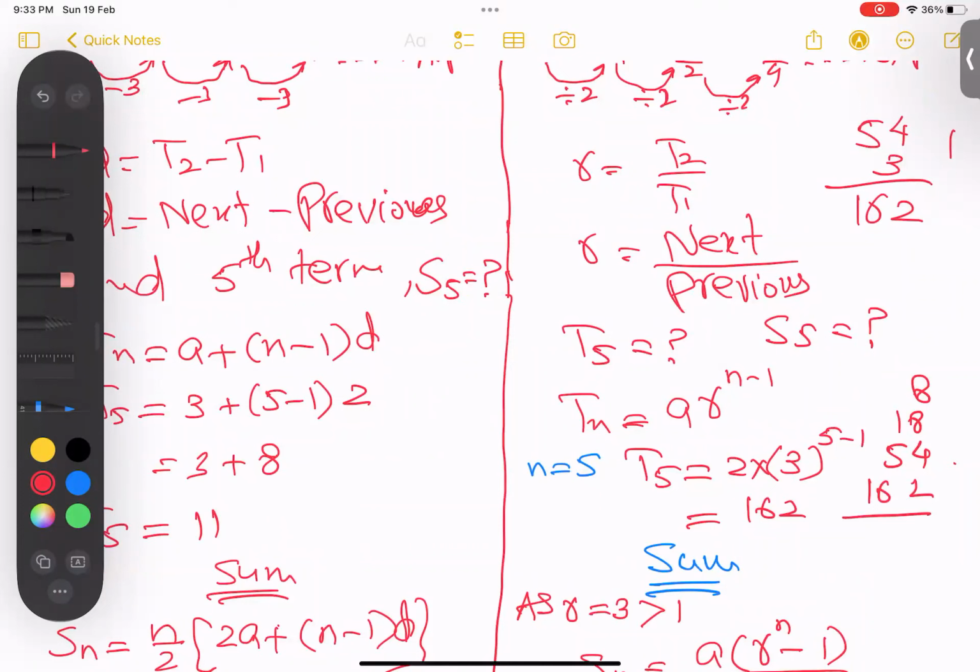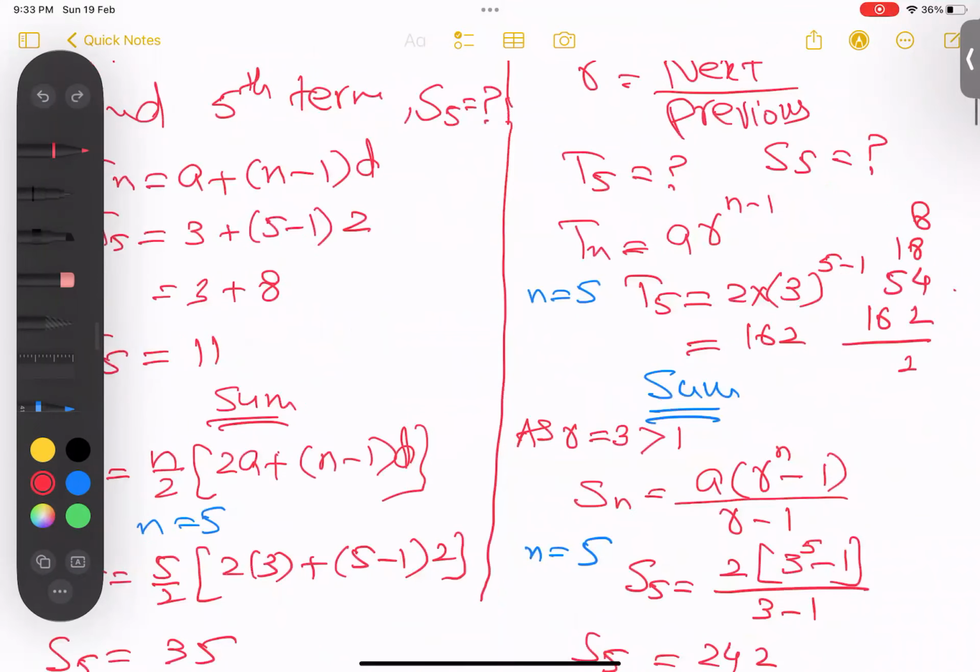So 8 plus 2, 10. 10 plus 18, 2 comes. And 5 plus 1, 6, 11, 12. 12 plus 2, 14. 1 carry 2. So 242 is totally matched. Alhamdulillah, Rabbil Alameen. And I believe you got the point of how this AP, GP differ from each other.